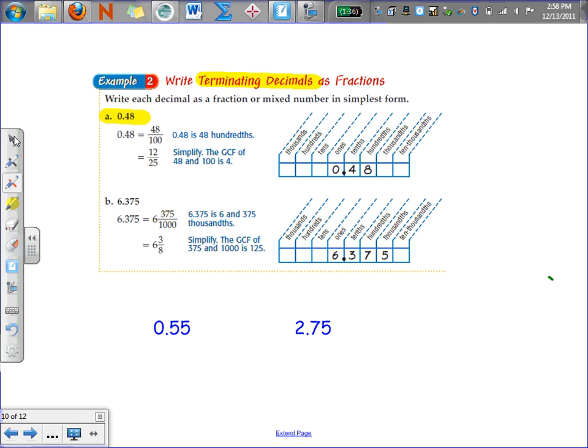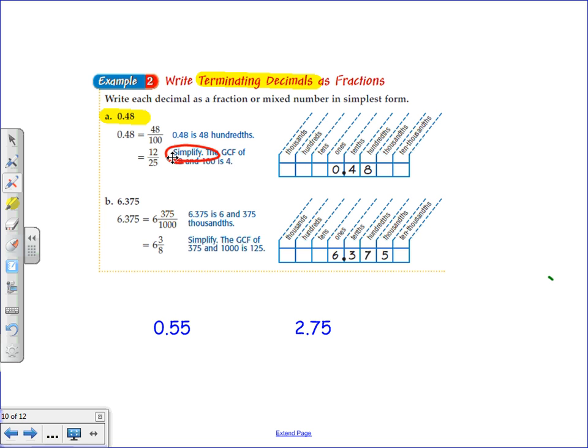That tells you what your numerator and what your denominator is going to be. The 48 will be your numerator. The hundredths is your denominator, 48/100. And then, of course, you must simplify all fractions. So 48/100 simplifies to 12/25.